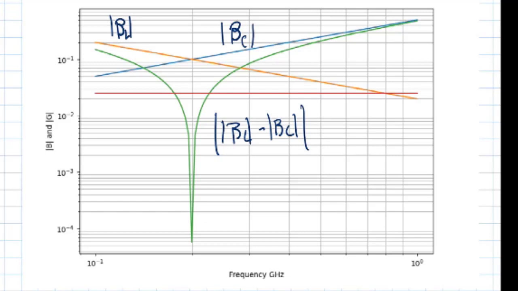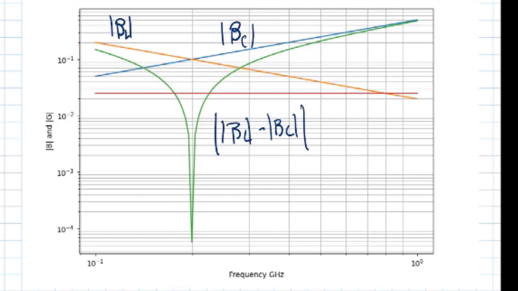And you can clearly see that at a certain frequency, they cancel each other out, and that's where you have resonance. But what we're interested in today is the bandwidth, the 3 dB bandwidth for an overall circuit. And so what we've also plotted is just the constant value with frequency of the combined conductance of the circuit.